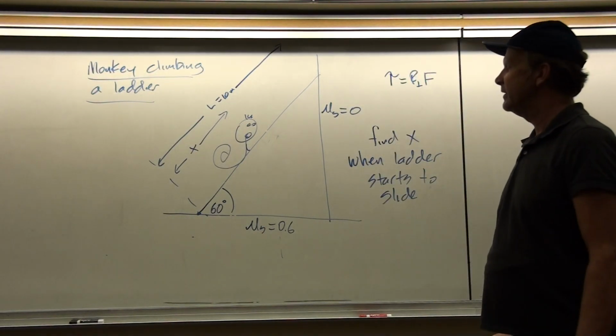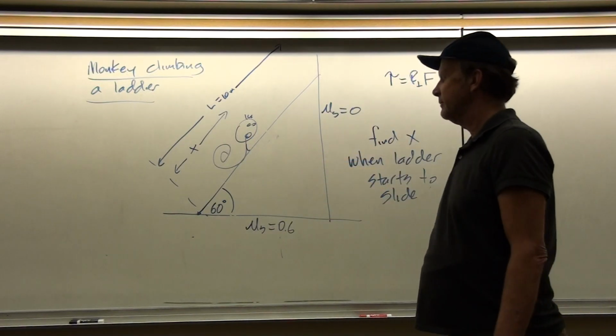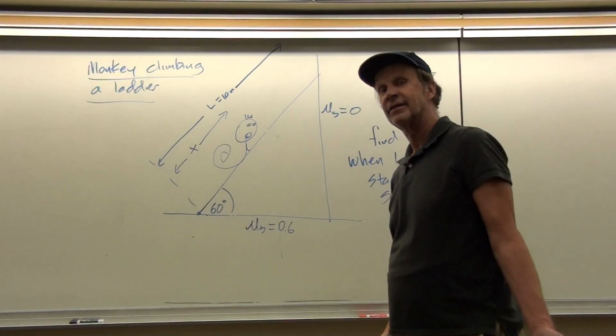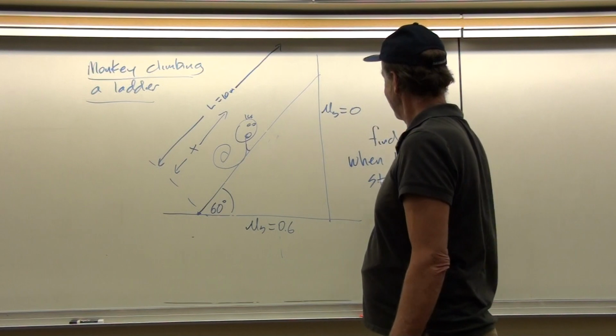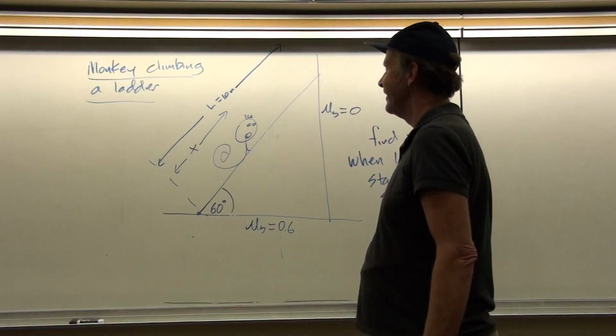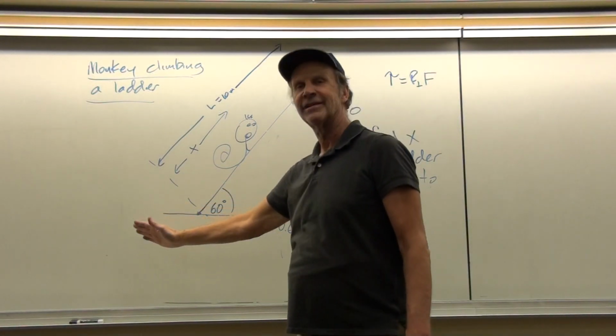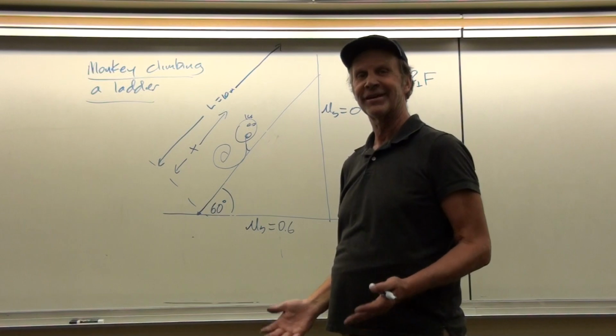Okay, so the monkey then, when it gets up to a certain point, the ladder, actually it may or it may not slide. If we do our algebraic solution and we get a value for x that's longer than the length of the ladder, it means that the monkey makes it. If we get a value for x that's less than 0, it means the ladder slides before the monkey ever gets there.